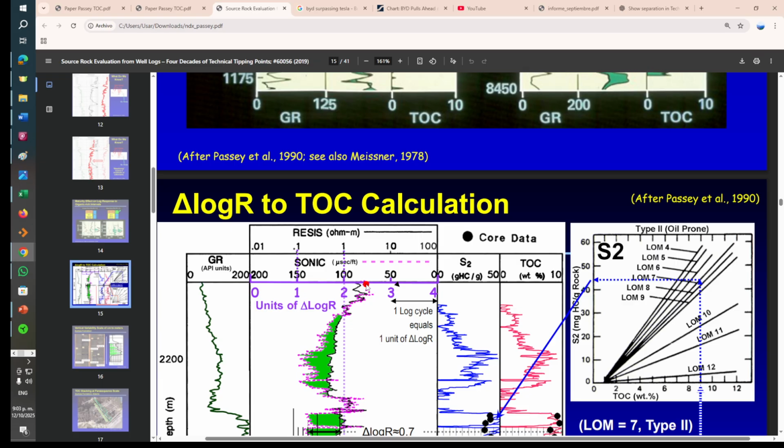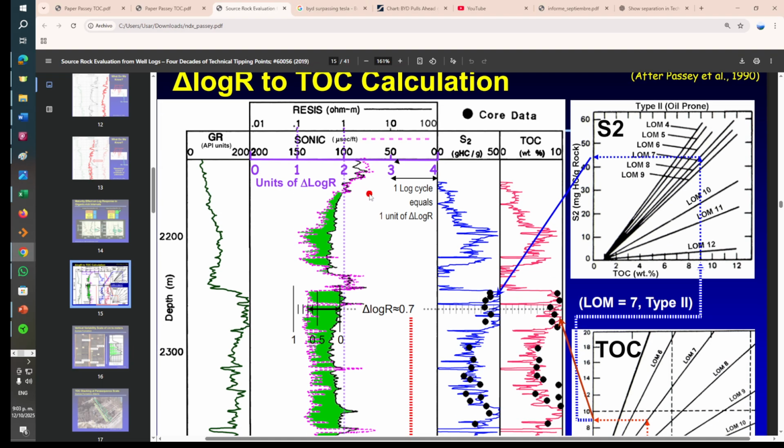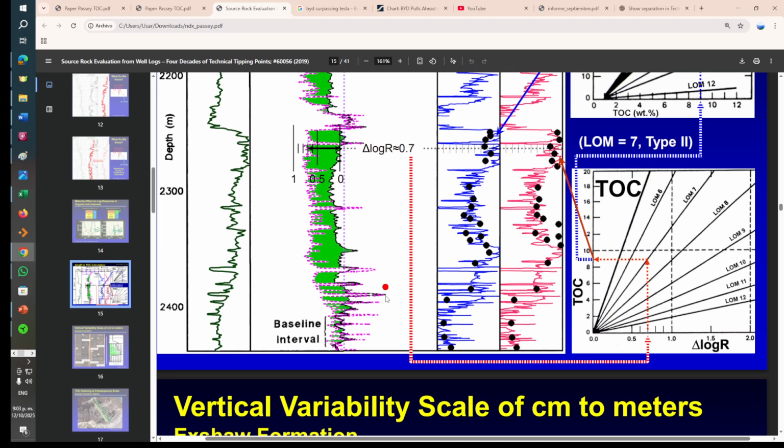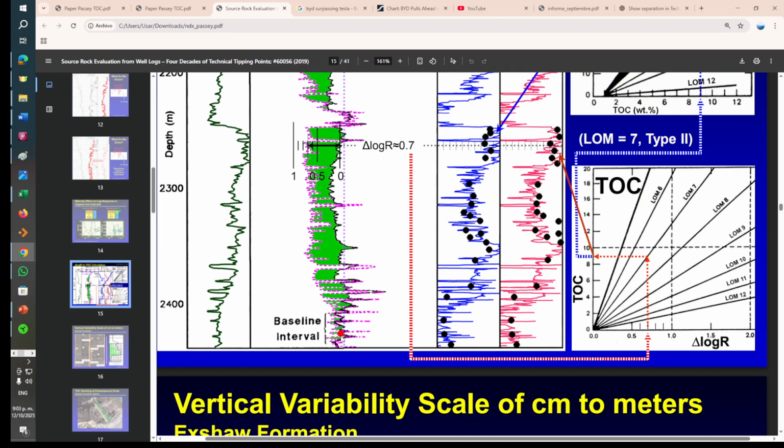So you do need to have 4 units, which means 200 units of the sonic. You can start varying the limits, but the total should always be 200, if you're working with 4 cycles. If you have more, it's going to be 250. So you start calibrating until you get the two curves together in your clean zone.